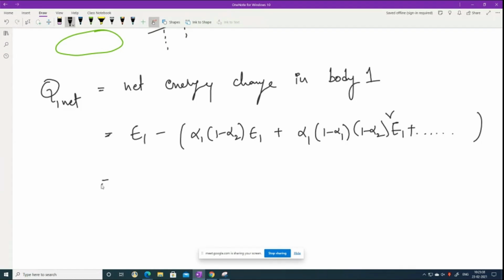So if I take E1 on this side, and here I can take E1 common, and alpha 1 into 1 minus alpha 2 also can be taken as common. So what will be the expression here? Alpha 1 into 1 minus alpha 2 into E1 will be 1 plus.